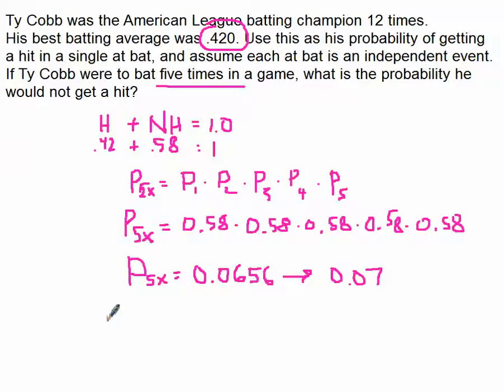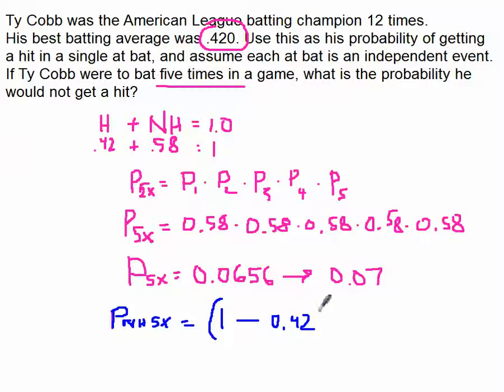It's a little more involved, but the idea is you could say that the probability, I'm going to change the color on this one, make it look a little different. You could say that the probability that he's not going to get a hit 5 times in a row, what I can do is take the probability he is going to get a hit, which is 0.42, and subtract that from 1.